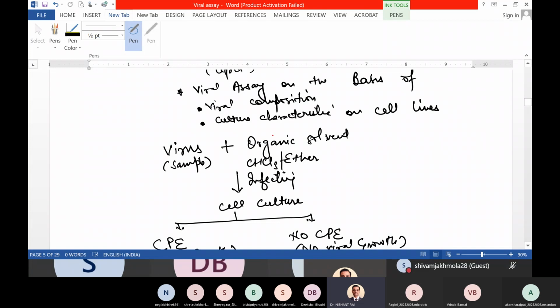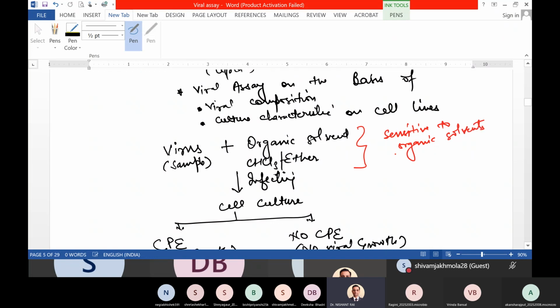I know that one of the physiochemical properties of virus is that enveloped viruses are sensitive to organic solvent. There is a principle behind this: it is sensitive to organic solvents. What does it mean?